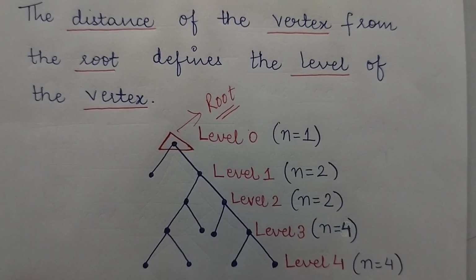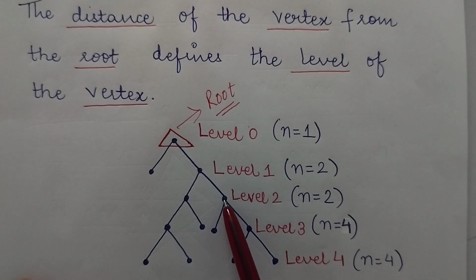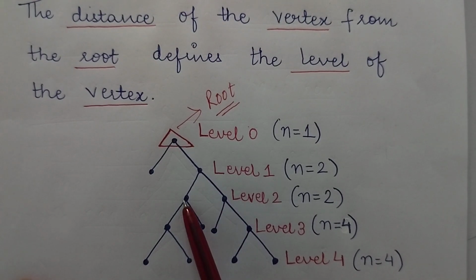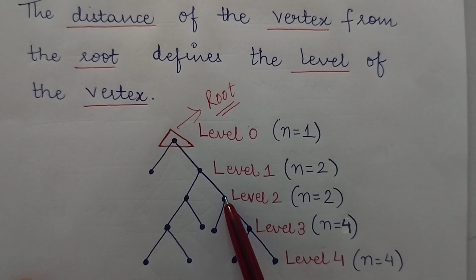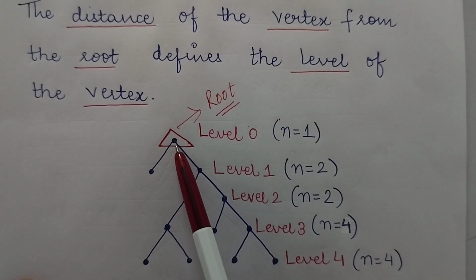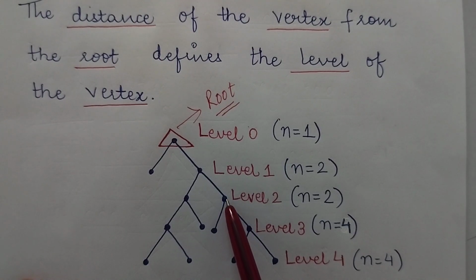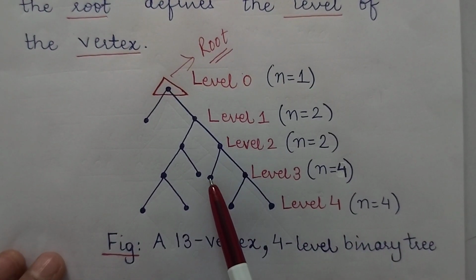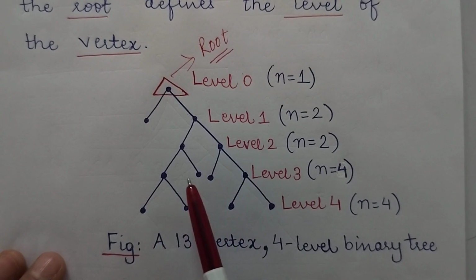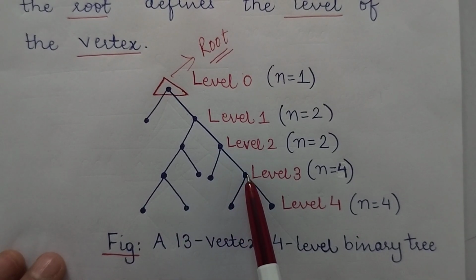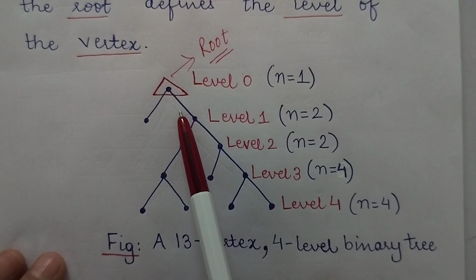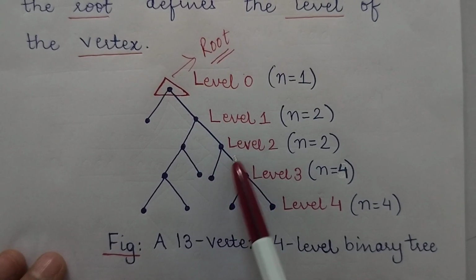Then for this particular vertex and this particular vertex, the distance of these two vertices from the root is 2 edges apart, 1 and 2. Hence the level of these two vertices is level 2. Again, for these 4 vertices, 1, 2, 3, 4, how many edges apart from the root are they? 1, 2, 3. 3 edges apart.